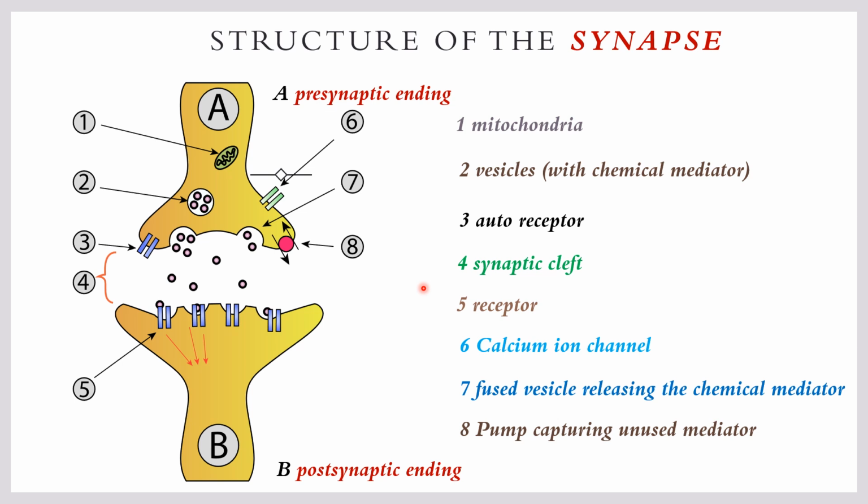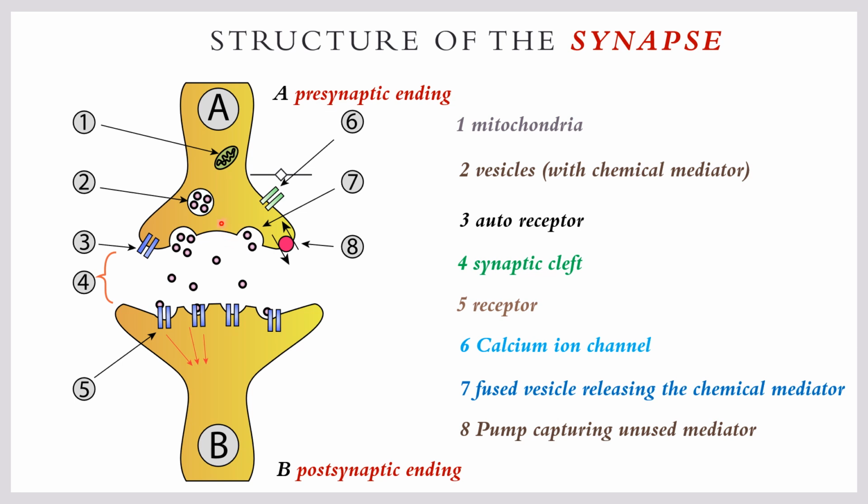The chemical synapse uses a molecule to transmit the information. Here we can see a nerve cell at the end of the axon, or the axon terminal. When discussing the synapse, we call it the presynaptic terminal.